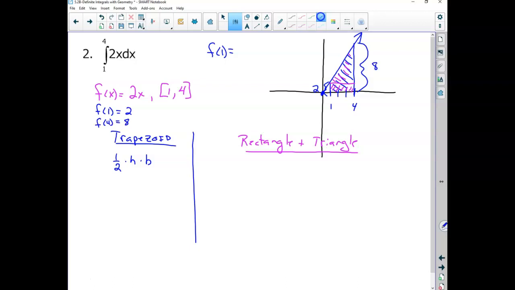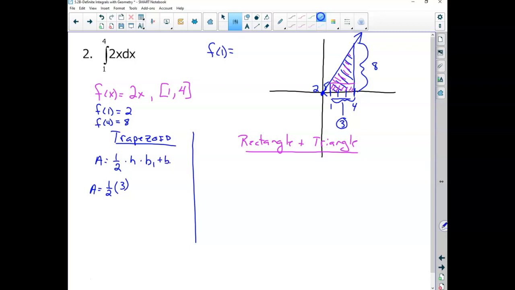So if I used a trapezoid, I'm taking my area equals 1/2 times, my height is always my horizontal distance here. My height is actually going to be 3 units because it's from 1 to 4. So it's going to be times 3 times the sum. I messed this up.